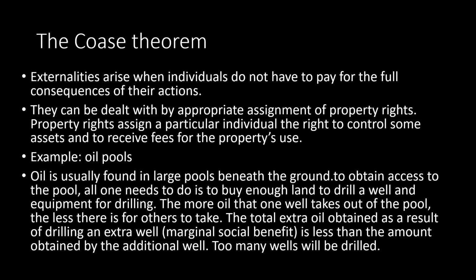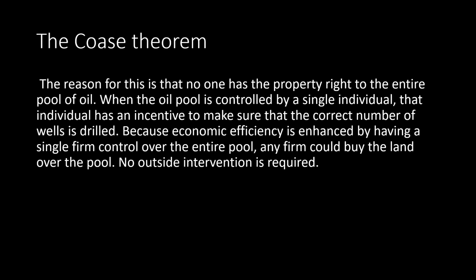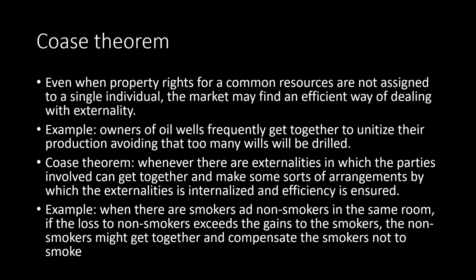I guess you guys are getting me. Okay, I'm going to continue. Even when the property rights for a common resource are not assigned to a single individual, the market may find an effective way of dealing with the externality. For example, owners of oil wells frequently get together to coordinate their production, avoiding that too many wells will be drilled.